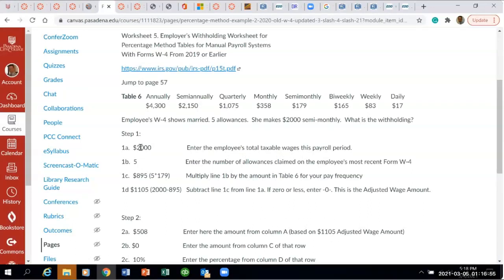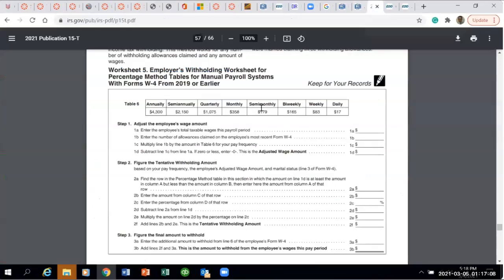That's $2,000. Step 1 asks how many allowances they have. It's 5, right? And for 5 allowances, what type of payroll is it? It's semi-monthly. So you have 179 in this table.